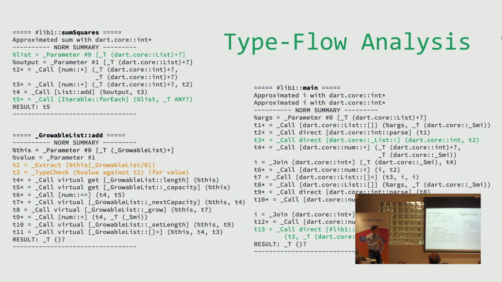On the right, we call the _List constructor, which represents the fixed length list. That type goes into the call to sumSquares, which then flows into the call to forEach. After type flow analysis is done, we'll see that the call to forEach on the left is calling exactly forEach from _List, and not forEach from _GrowableList or any of the other subclasses of the list type.